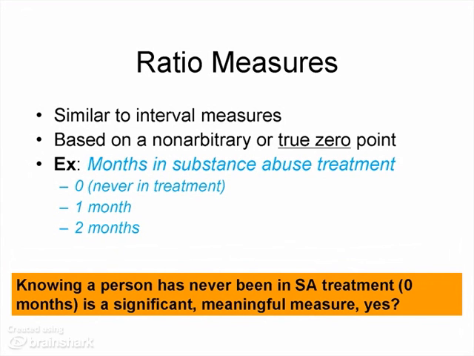Ratio scales are the most sophisticated or the highest level of measurement because they have the ability not only to rank individuals, objects, or events, and there's also a known distance between the different rankings, but they have a true value of 0. 0 is representative of the absence of whatever it is that you're measuring, whether it's height or weight. It is a true 0.